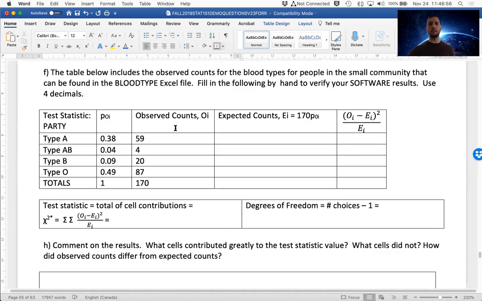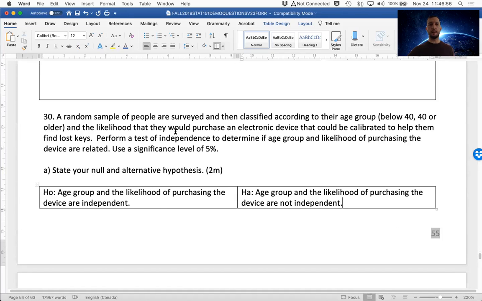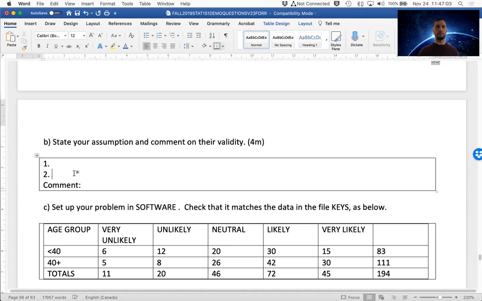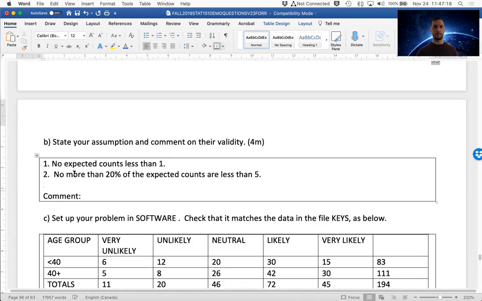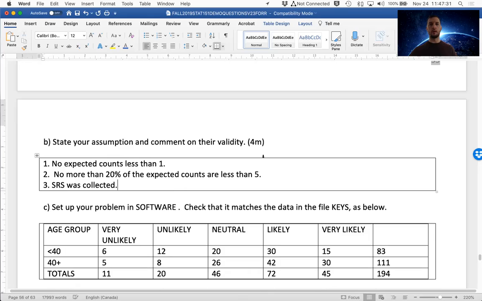Okay, so the assumptions here are exactly the same as the assumptions that we established before. So we will have no expected counts less than 1, no more than 20% of the expected counts less than 5, and an SRS was collected. Okay, so what we have to do next is, of course, compute these expected counts.